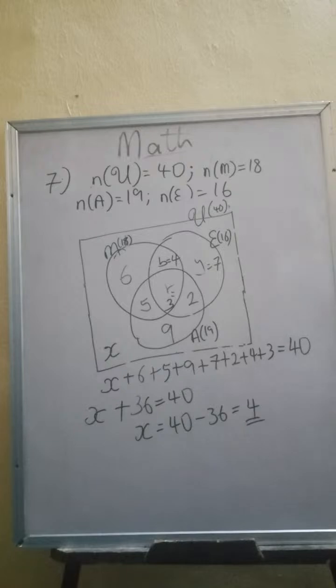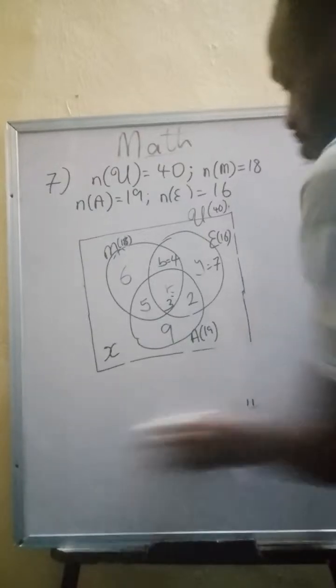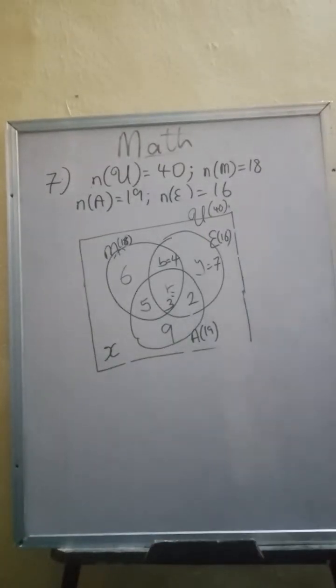And take it up from there to the B parts. It says find the percentage number who failed in at least one of economics and mathematics. Now we'll be using the Venn diagram to solve the rest as we used it for the first.